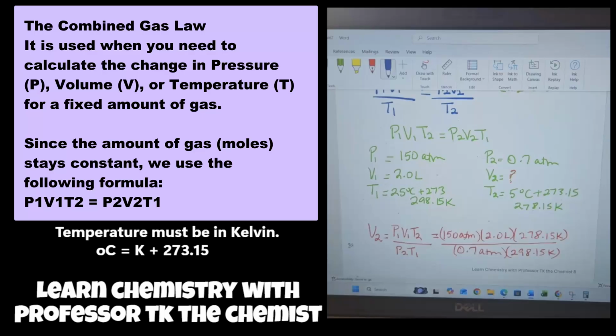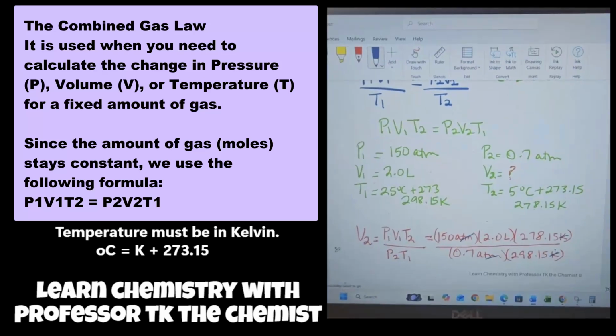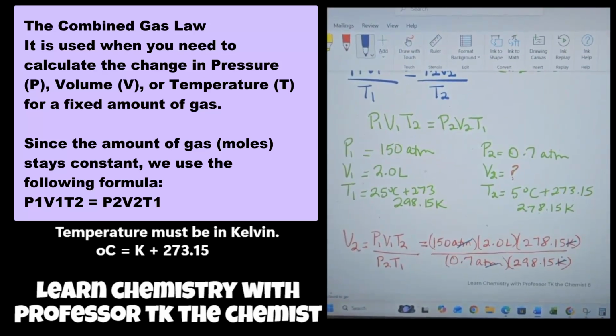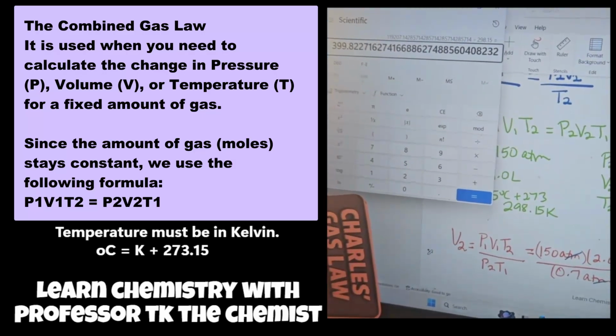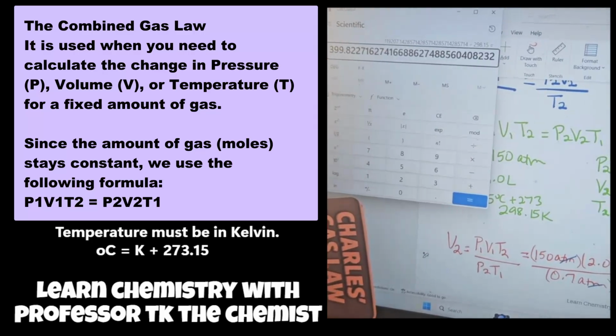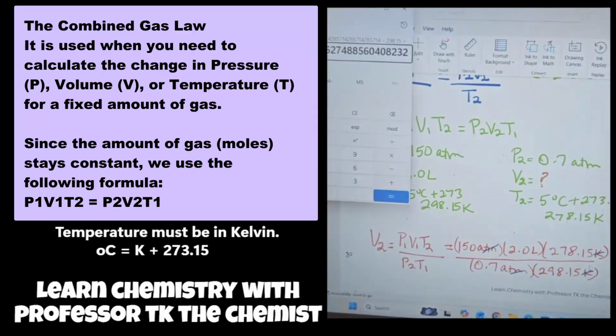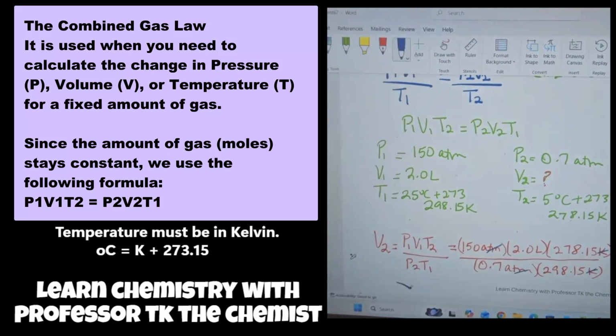Y'all know what to do. Strike out the units you no longer need so you know what's left over. Okay? So let's zoom in so we can see those numbers. And what I'm going to do is multiply everything across, and then divide by everything on the bottom. And we get 399.8. So we're just going to round that off to 400. 400 is your V2. 400 liters.